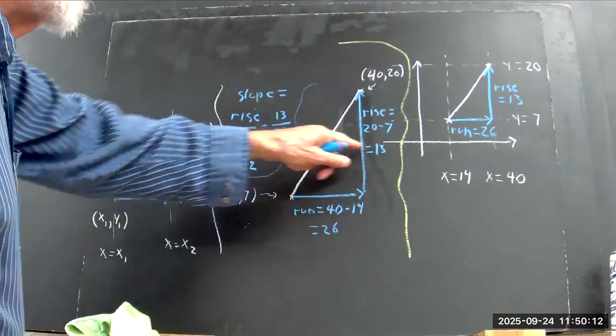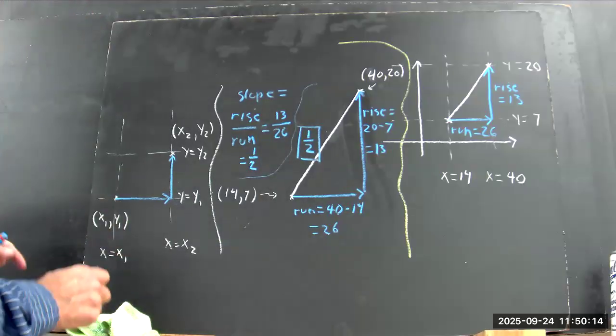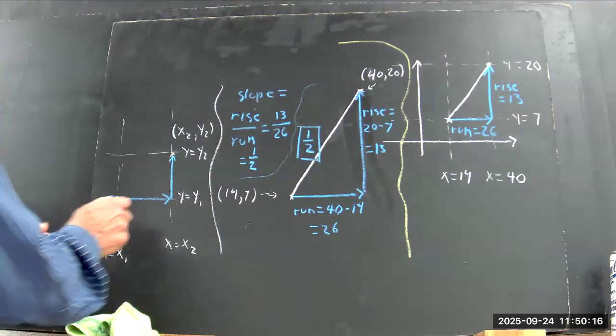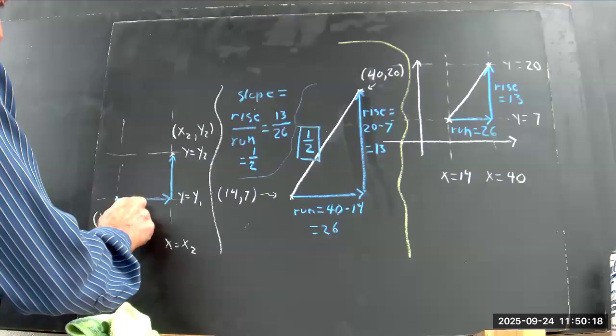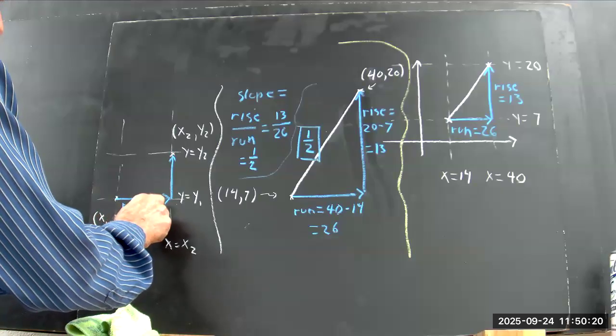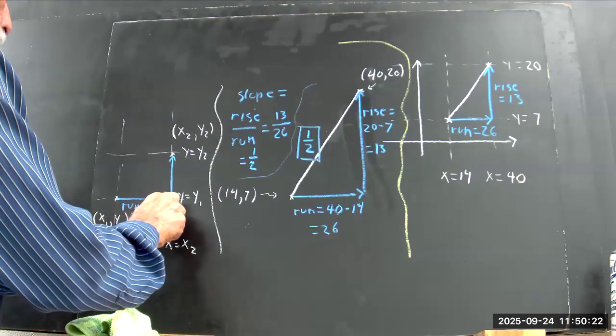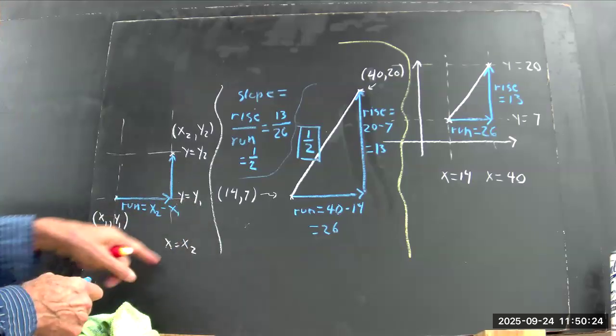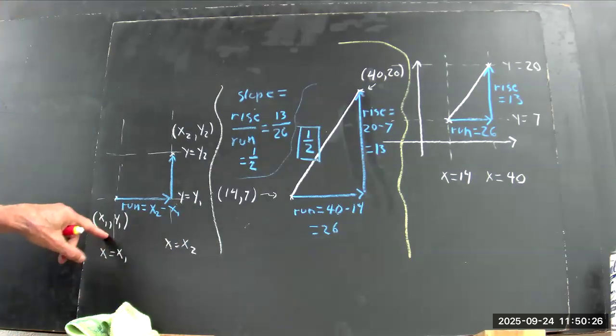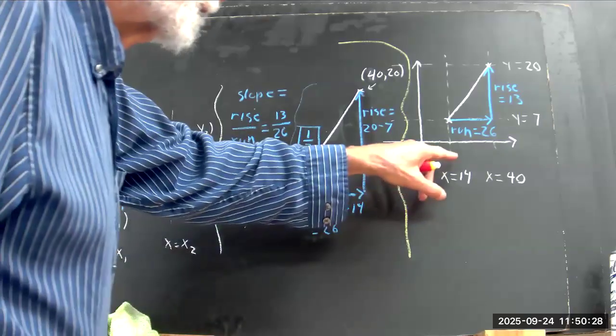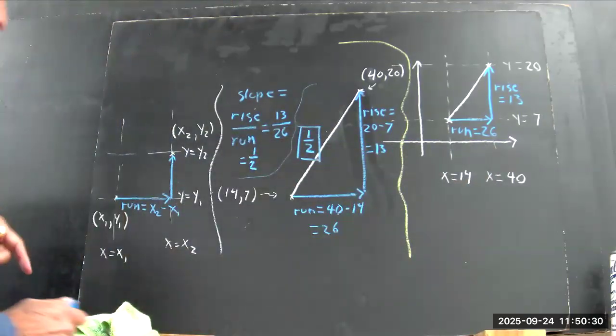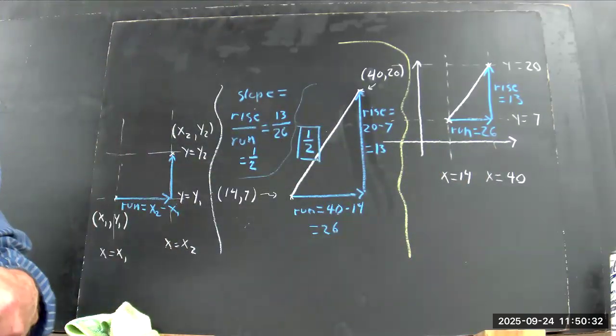Once you're in the habit of doing this, then it's easy to understand that what you do here is run equals x2 minus x1, because you're subtracting this coordinate from this, just as I would have subtracted 14 from 40, and just as you subtracted the two numbers.